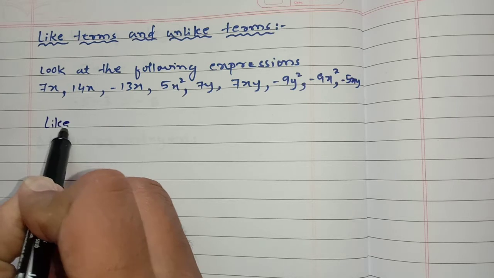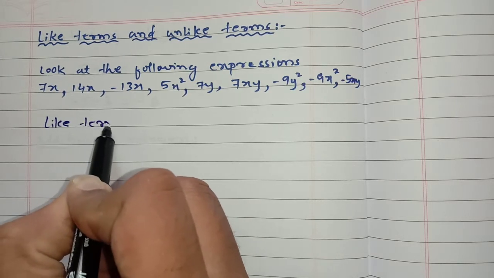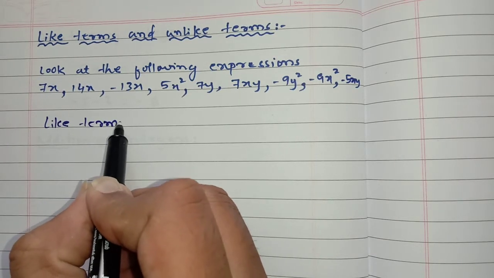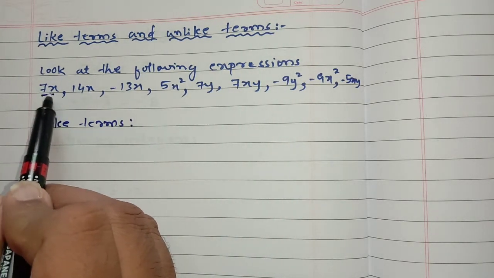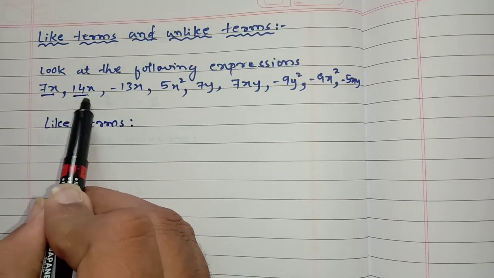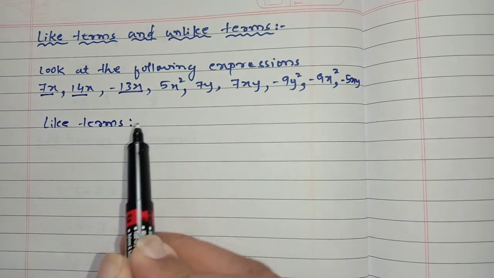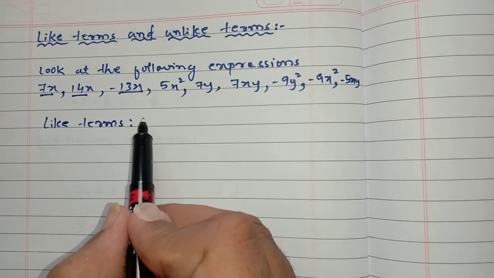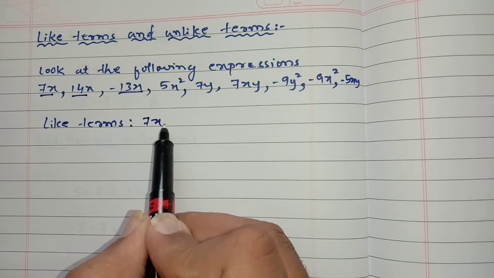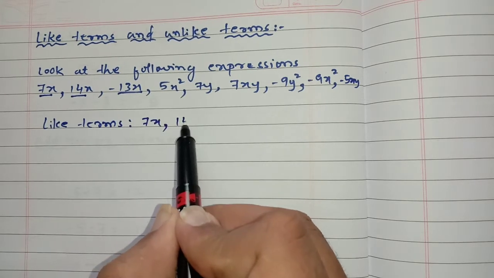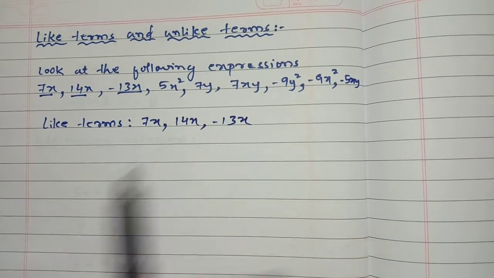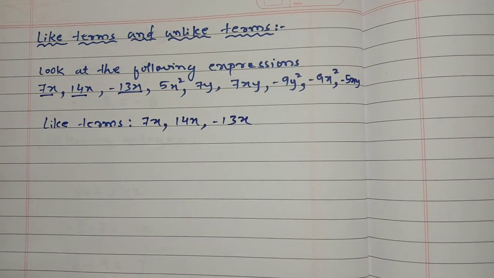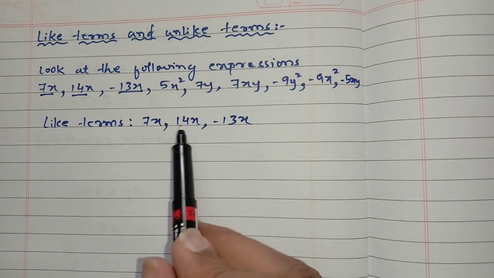First we will see like terms. Here you can see 7x, 14x and minus 13x. These three are like terms. The important thing is why they are like terms.